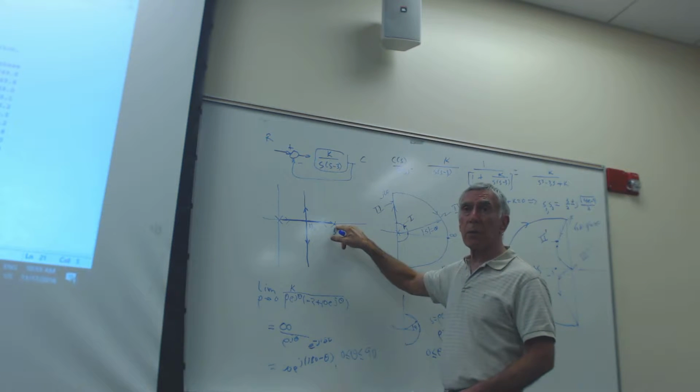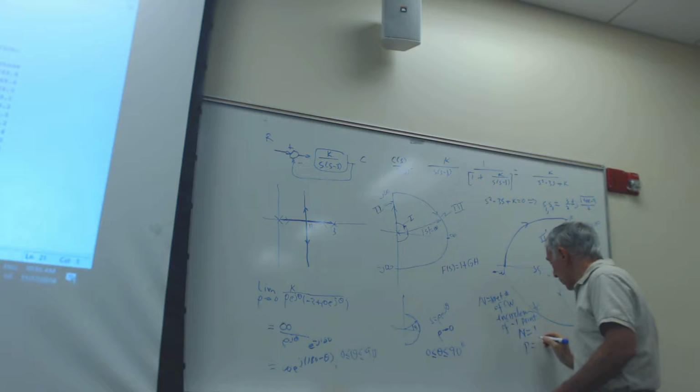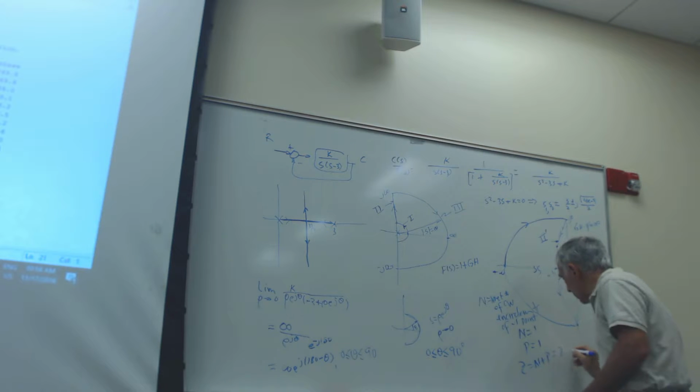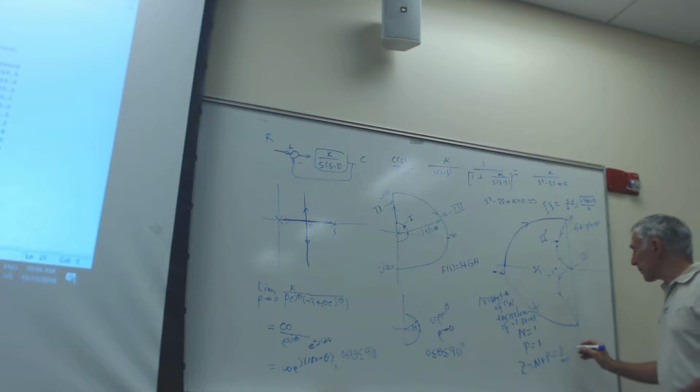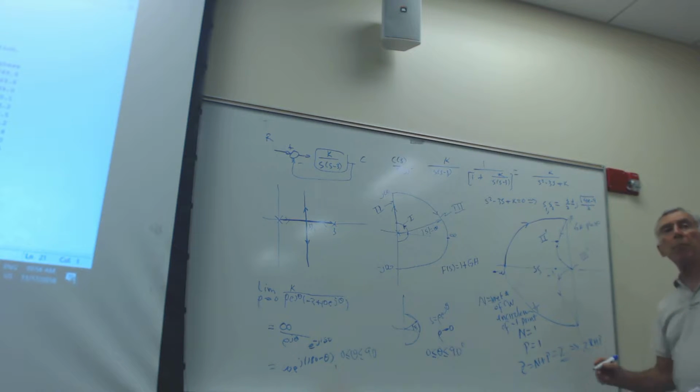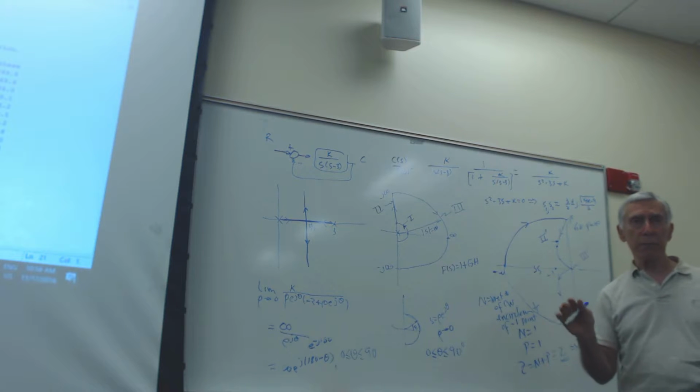There's one right half plane pole, so p equals 1. Z is equal to n plus p, which is 2. What that means is that we have 2 right half plane poles of the closed loop system.